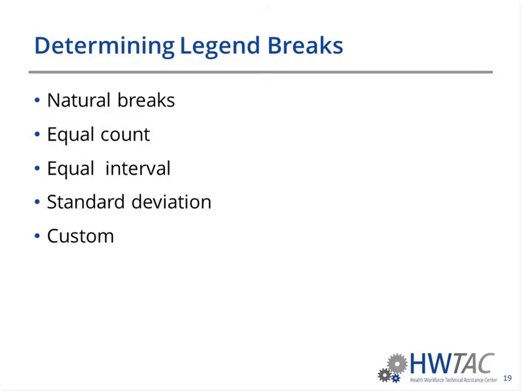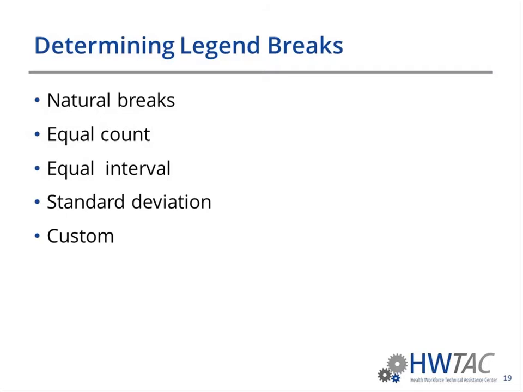And then there are custom ranges, and this, I'll tell you, is mostly what I do, because many times when I'm mapping distributions of healthcare providers, I want to show the counties that have no healthcare providers, or maybe I want to show the counties that have fewer health professionals than for HWTAC designation purposes, right? So they're prescribed ratios to be eligible for a health professional shortage area. So maybe I want to show those counties, and then I break my legend accordingly.